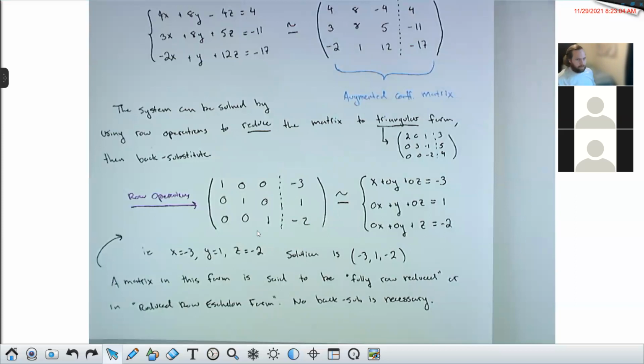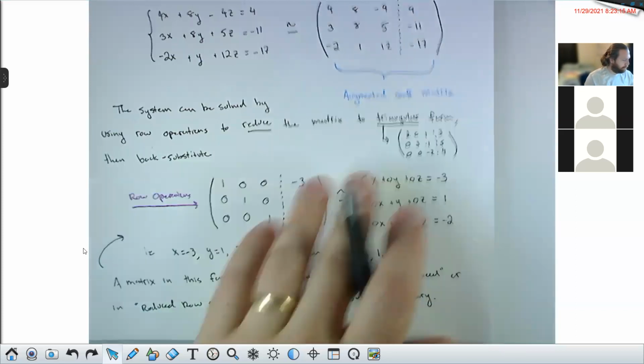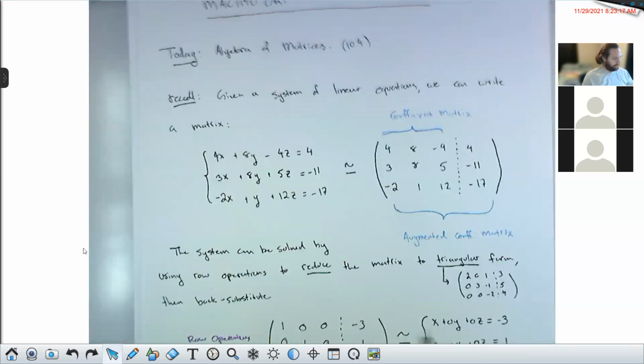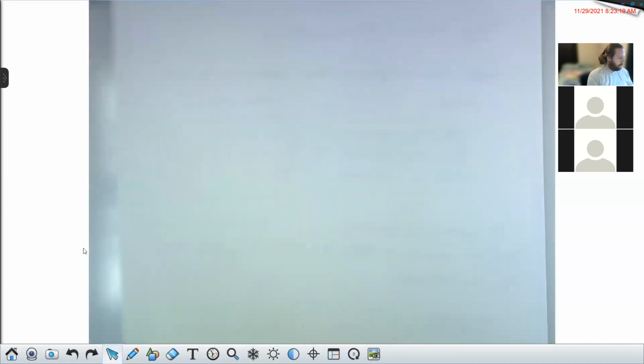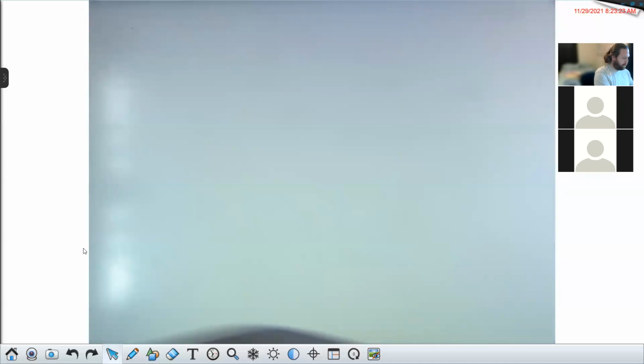So this is just kind of our recap and a little bit looking forward, that we can do more row operations to put something in this fully reduced form or reduced row echelon form. When I say we're going to learn the algebra of matrices, I mean, I'm going to tell you how to add two matrices, how to multiply two matrices, that sort of stuff.